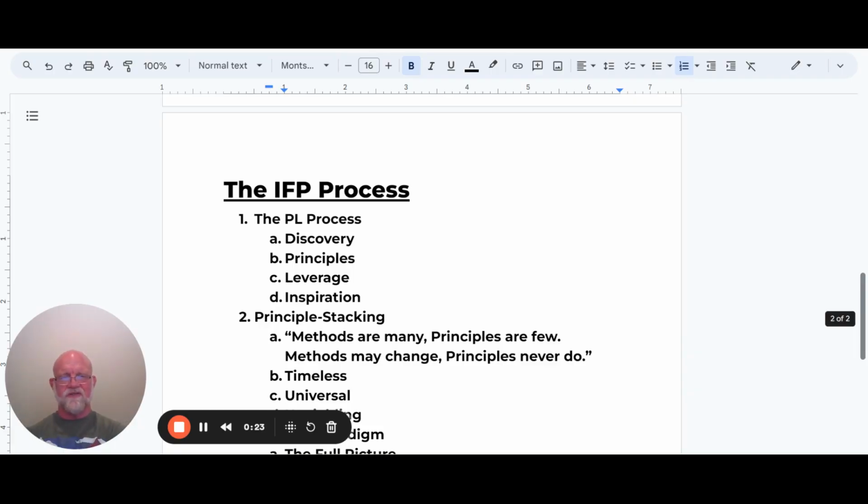So integrated functional performance. And integrated functional performance is a testament to the fact that there are principles of recovery, just like there are principles of any sort of result you're seeking in life. And a friend of mine said that we live in a universe of infinite possibilities.